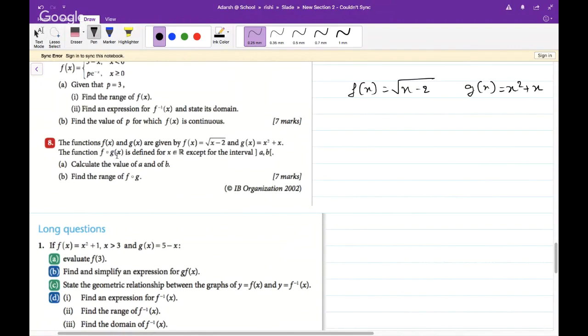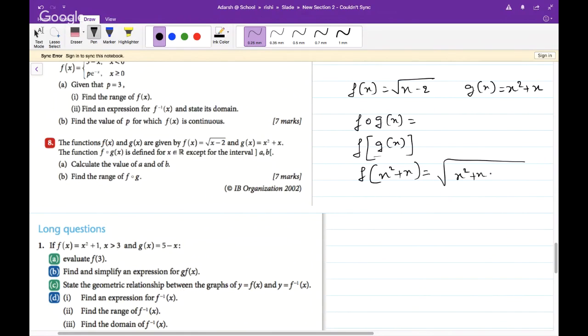Now they are asking to find f of g of x. Now look at the innermost function. The innermost function is g of x, which is x square plus x. So f of x square plus x. Now f of x is this. In place of x, you have to write this entire thing. So square root of x square plus x minus 2.